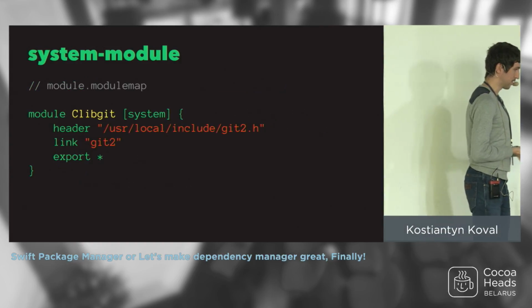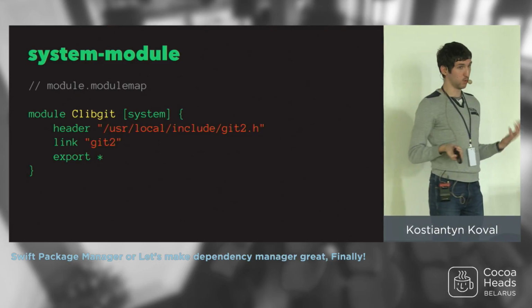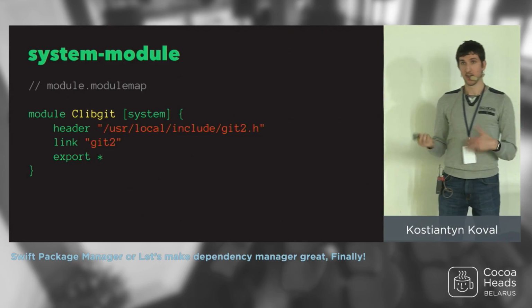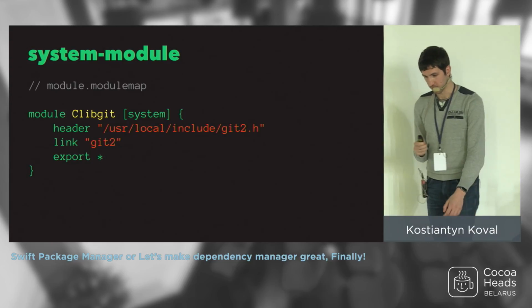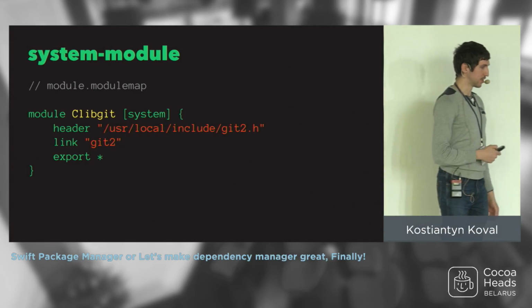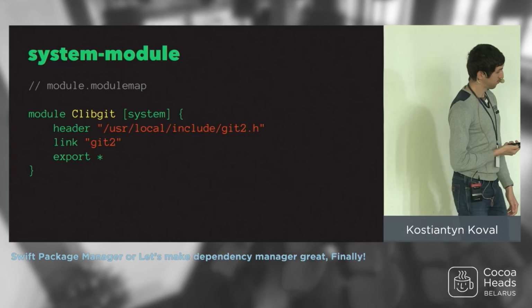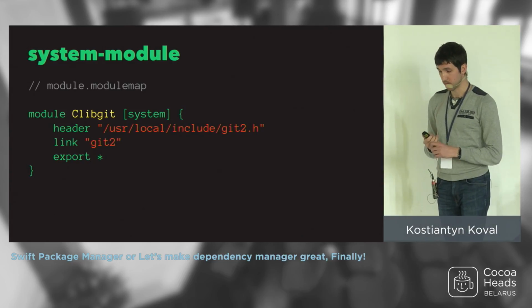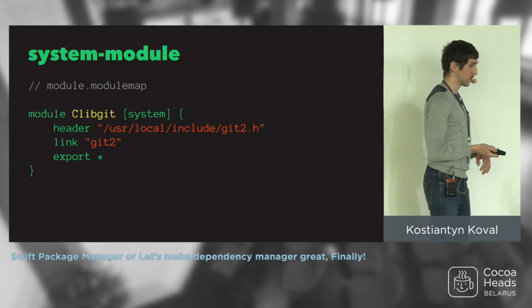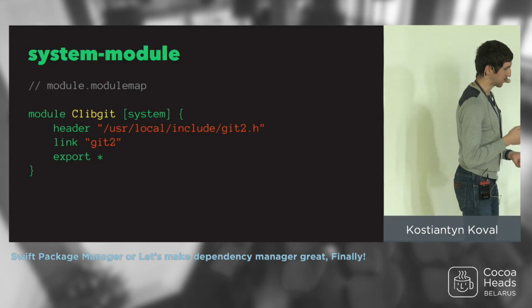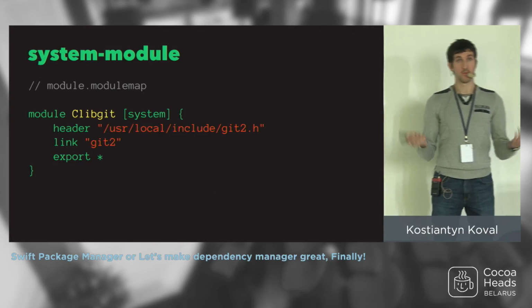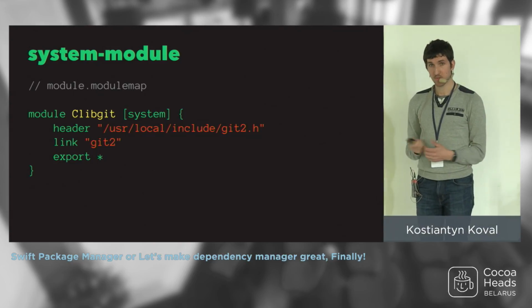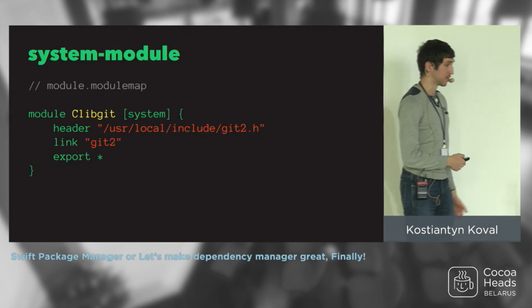If you think about system modules, what if you have a tool installed on your machine, which makes sense for server, not for iOS, and you want to use it? These are Clang modules, and CocoaPods actually also uses them as well. So you basically say, okay, this is a tool, it's located here with this name, export it, and then you can use it like a regular module in Swift Package Manager.